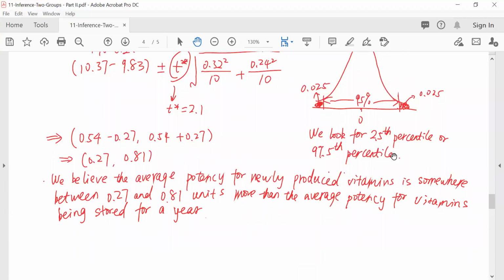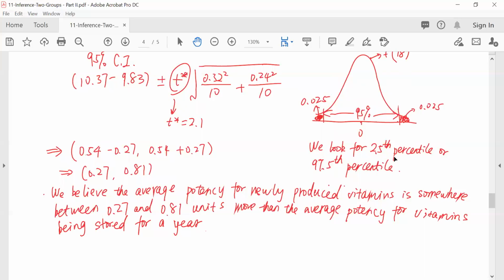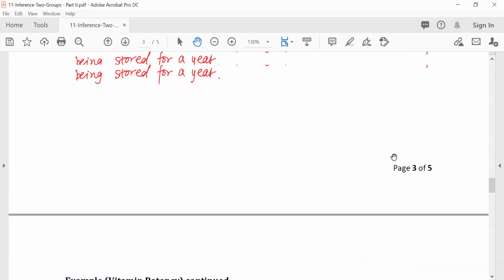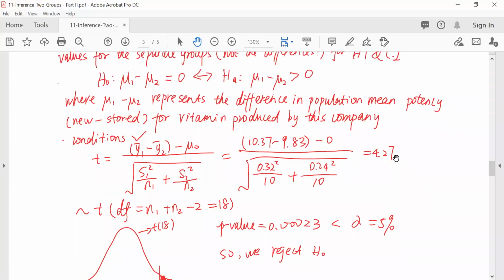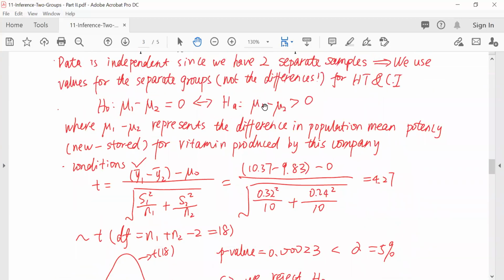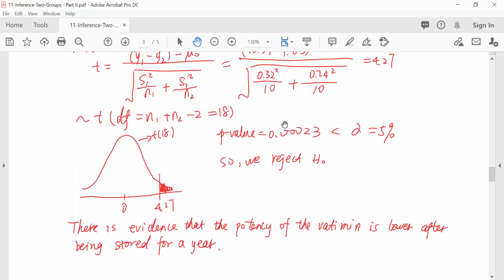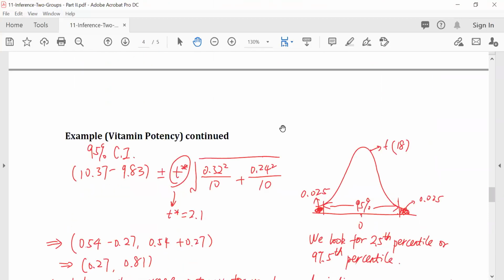There is one more thing that I would like to mention, because I've always been asked by students: is it okay if we use mu1 minus mu2 less than 0, where we use mu1 to denote the stored, the old value, and we use mu2 to denote the new value? The answer is it doesn't matter.